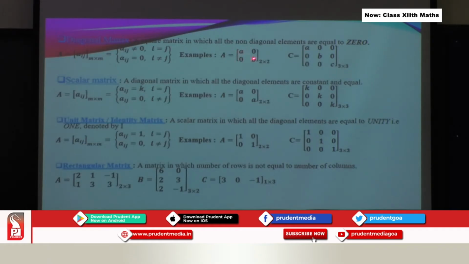Now here you can see this is the diagonal that you consider. Now you will say, teacher, this is a diagonal, then this is also a diagonal. But here remember we consider only this diagonal which starts from left and goes to right. So this is called the principal diagonal and this is called the minor diagonal, and always we consider the principal diagonal as the diagonal of the matrix.